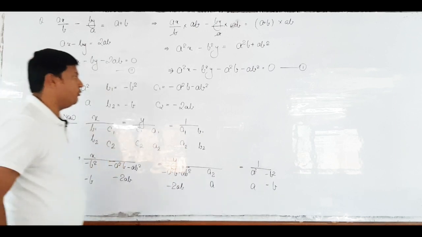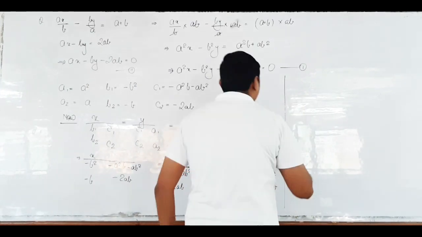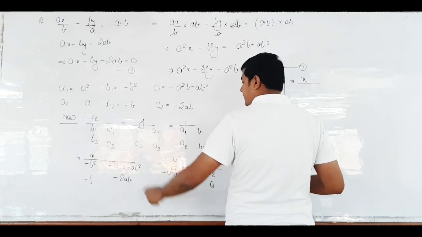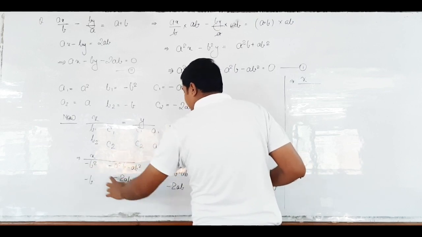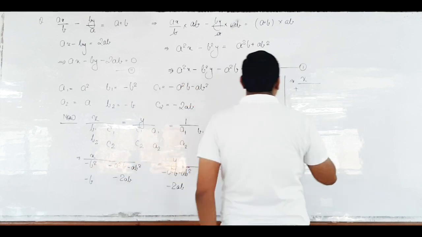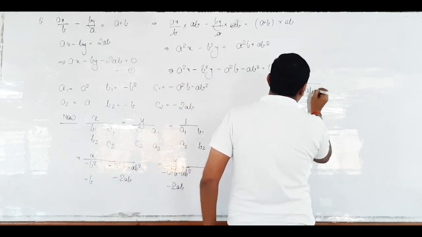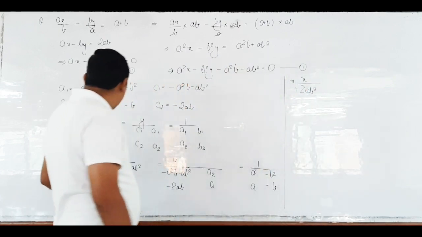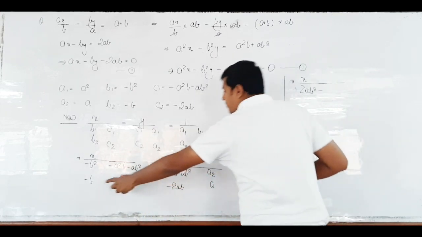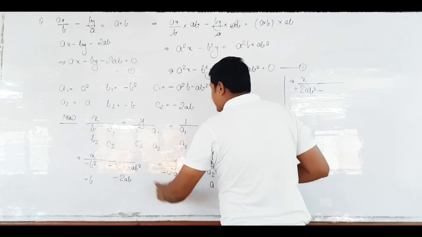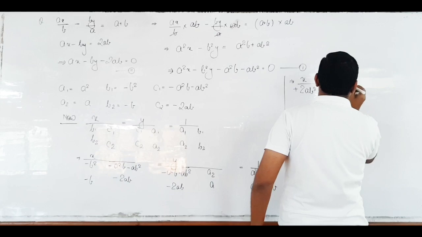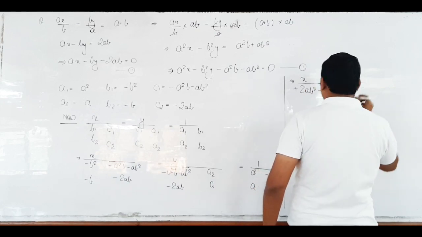Now we do the cross multiplication. X by minus b square, minus into minus, it's plus b square into 2ab. So it's 2ab cube. And now minus b into minus a square b minus ab square.